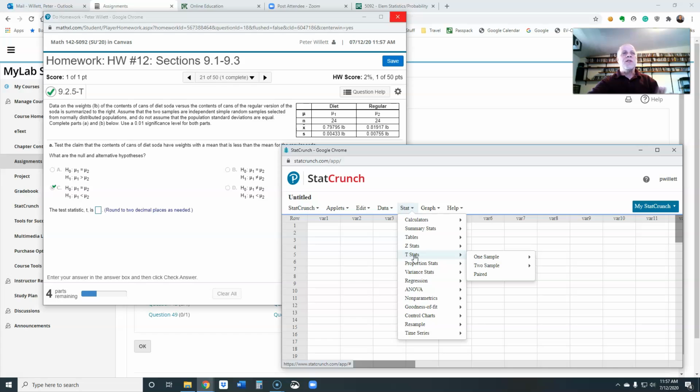But if it didn't give you that information, this is a t-statistic distribution because we're testing a mean without knowledge of the population standard deviation, which is the normal way you test a mean. Now we have two samples because we're comparing the two. And they didn't give us all 24 values from the samples. They gave us the summary in a chart. So I'm going to go with summary. So we are doing a t-distribution of 2 samples with a summary of the data results from those samples.